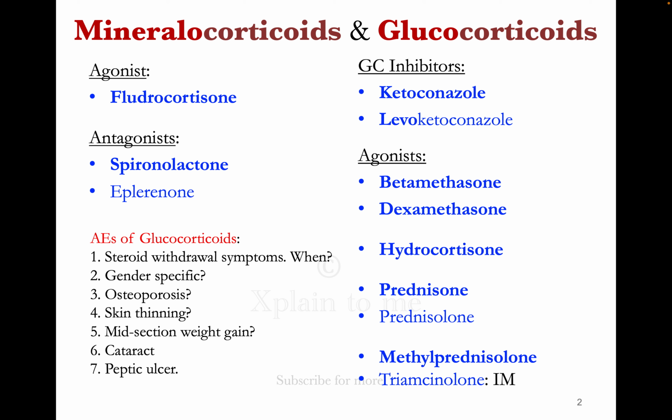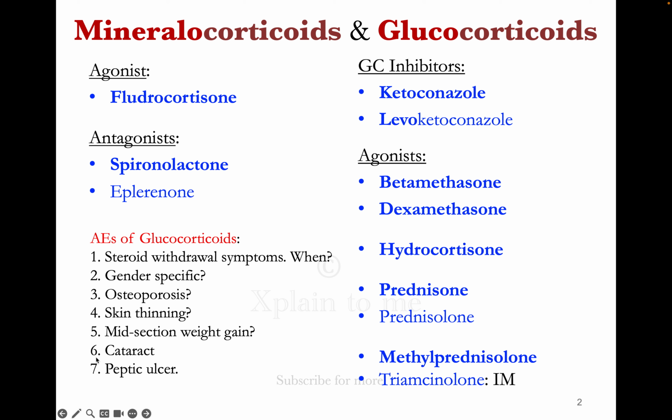And in the dermis, because of the inhibition of fibroblast cells, you will have a very low level of collagen secretion. So collagen proteins also will be very thin, and after some time they break down. That is the reason skin thinning is very prominent in the body.